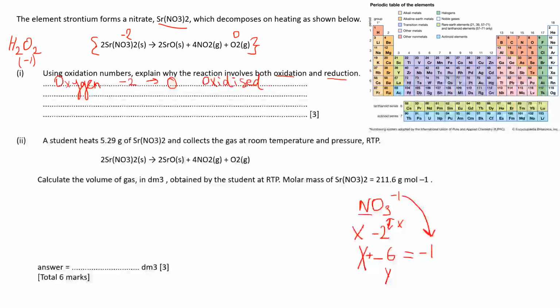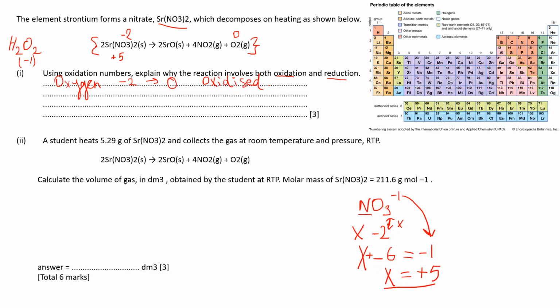Very simple maths, we get an oxidation state of +5 for nitrogen.